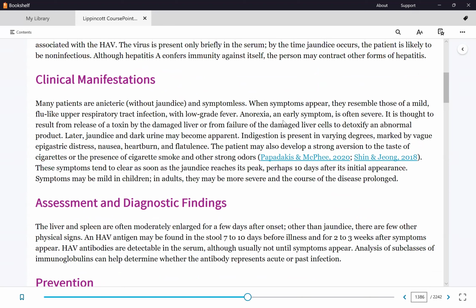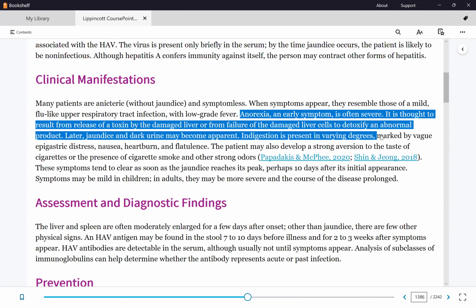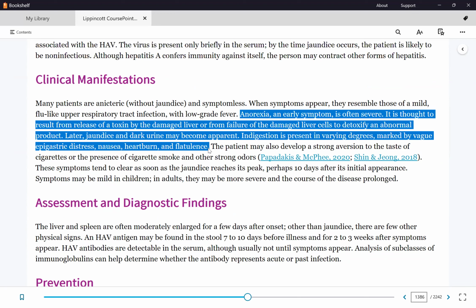So for A and E, since they both have an acute disease condition, the manifestations will be the same. Since these are acute symptoms, they are the following. Anorexia, and there'll be pain in the right upper quad because the liver is infected, and it will be tender.